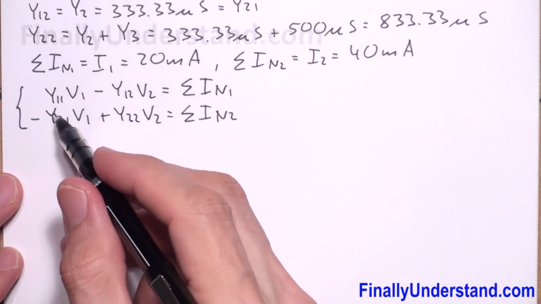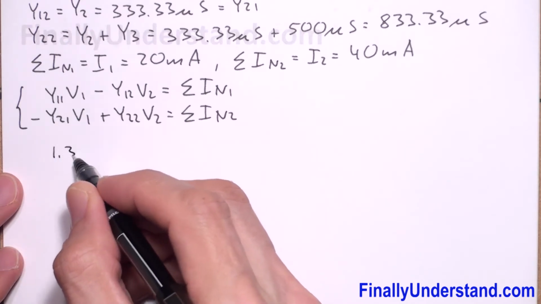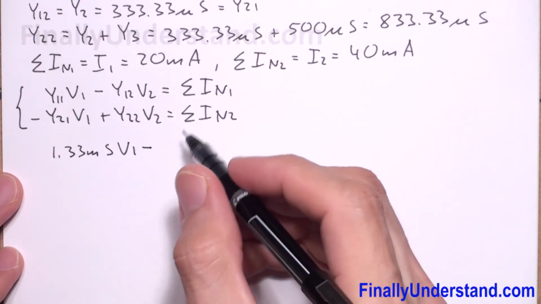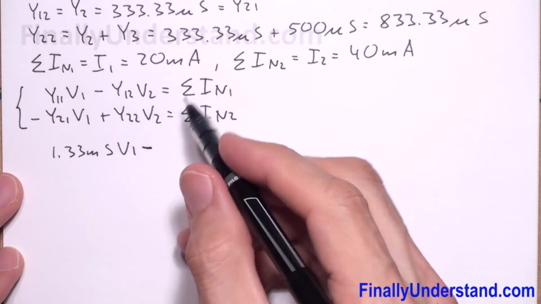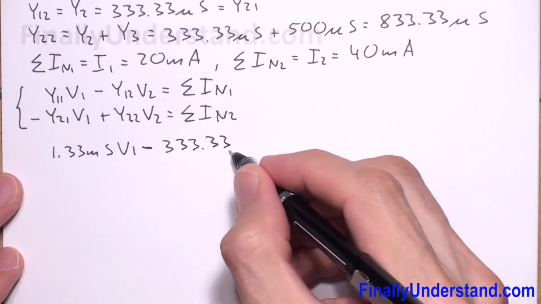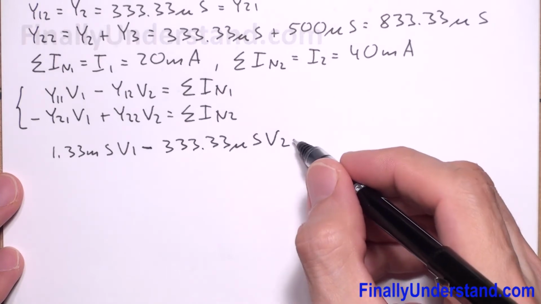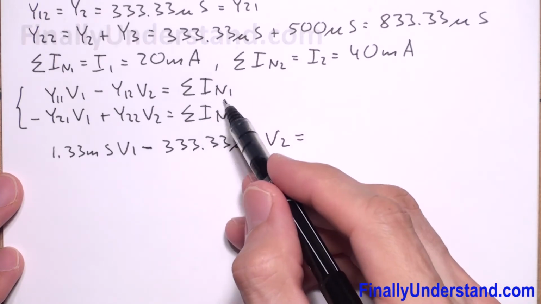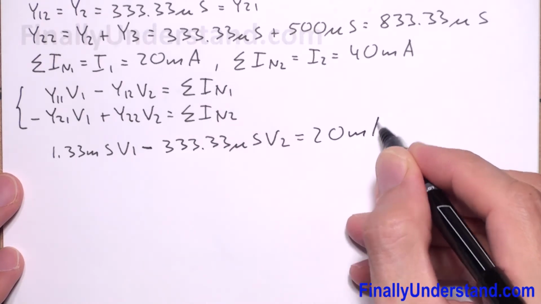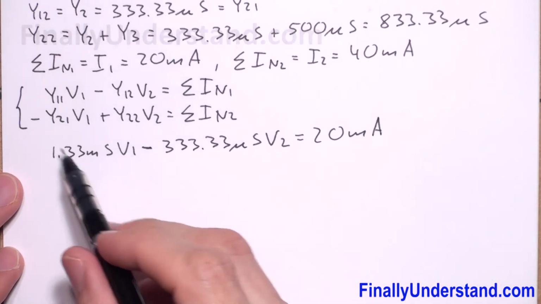So I have Y11 is 1.33 millisiemens V1 minus Y12 is equal to 333.33 microsiemens V2, and this is equal to the sum of the currents going to node 1, which is equal to 20 milliamps. Okay, so next we have negative sign.